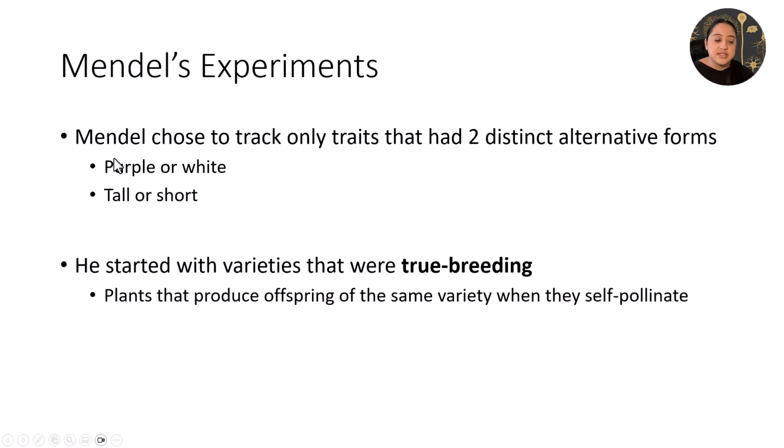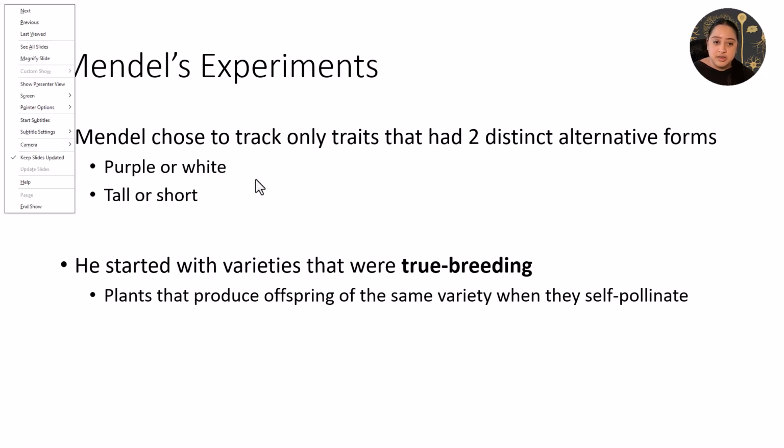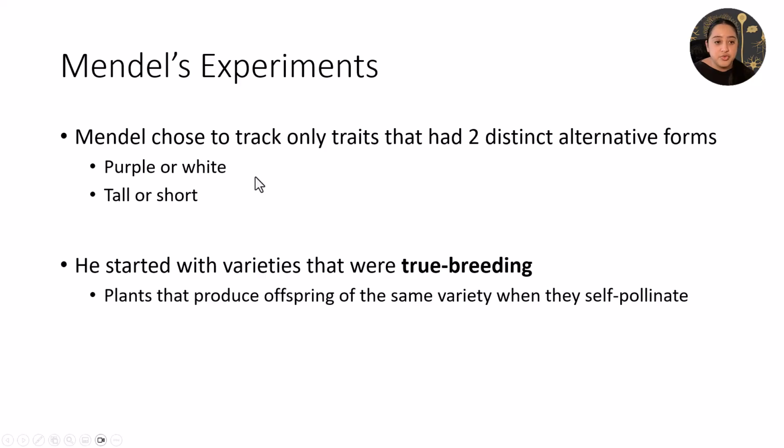So if this character is flower color, and there were only two forms of this trait, purple flower color or white flower color, he studied things that only had two different versions. Or if the plant was tall versus short, these kinds of plants, you do see that big kind of range of sizes, or not a range, I guess, just forms.